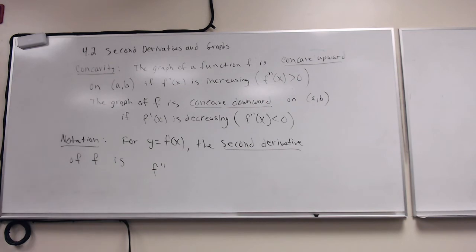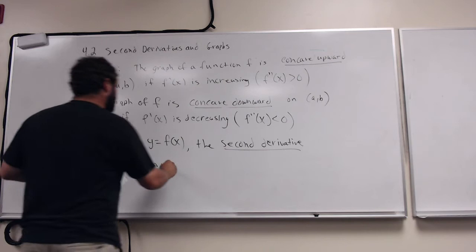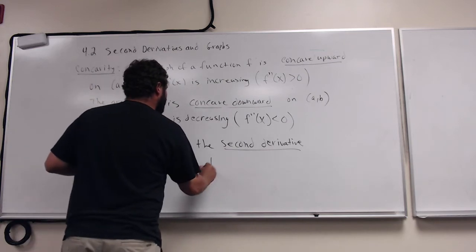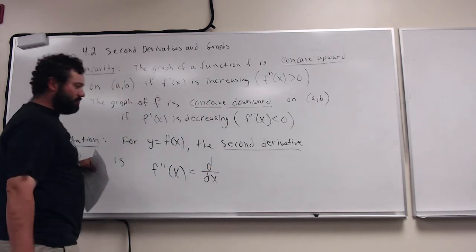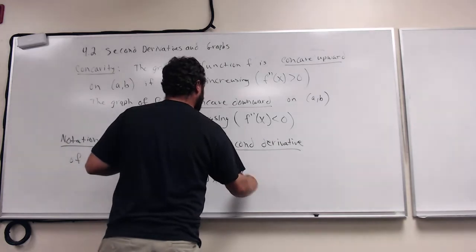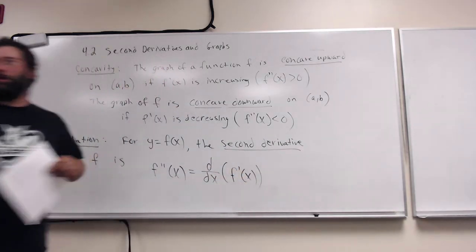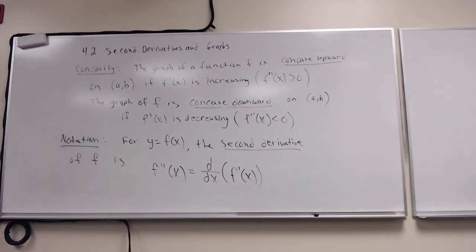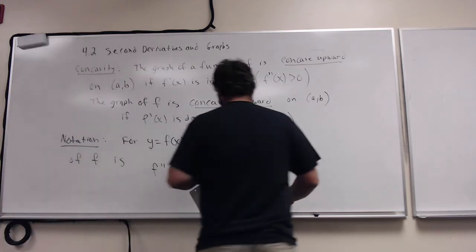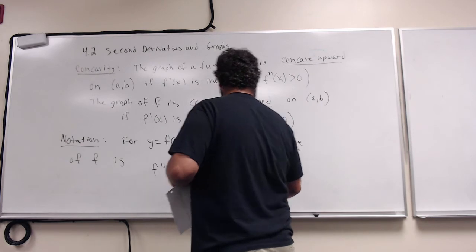So right, the first derivative has one prime tick mark, the second derivative has two. f double prime is going to be defined as the derivative with respect to x of the first derivative. Okay. Another notation, and this is where this might come from, so this is one way to write it.